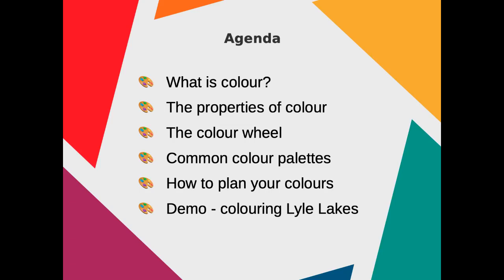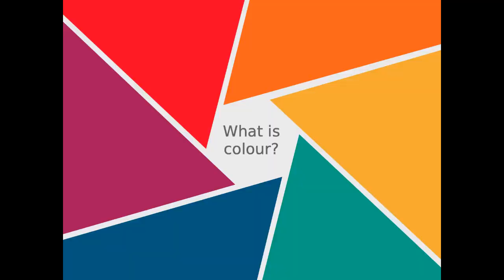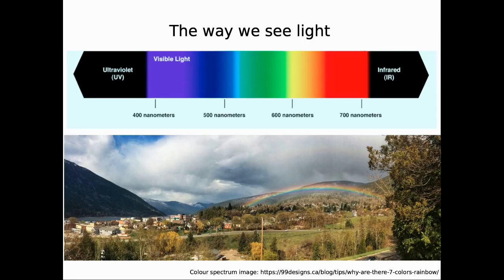Okay, so let's get started with what is color anyways, because we see it all the time, but we might not always think about what it is. So color is a combination of physics and biology. It's the way that we see light. When light comes in, there's a spectrum, depending on what wavelength we're seeing in terms of electromagnetic radiation.